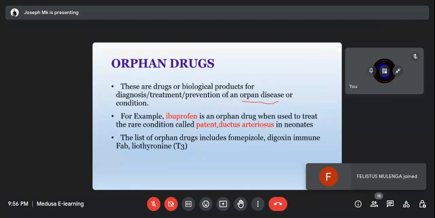This one we can call an orphan disease because it does not usually occur in neonates.